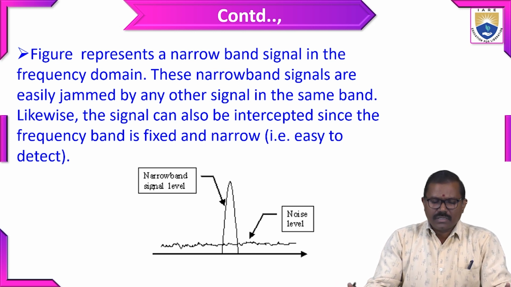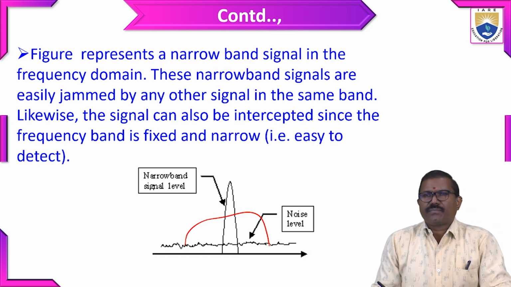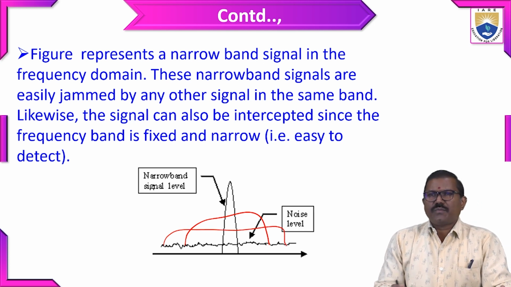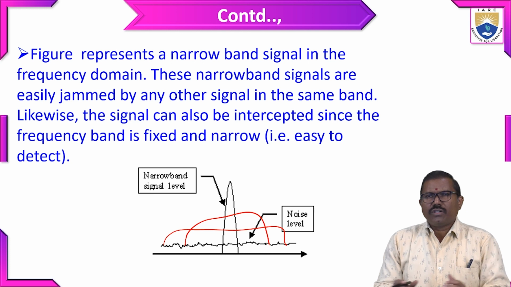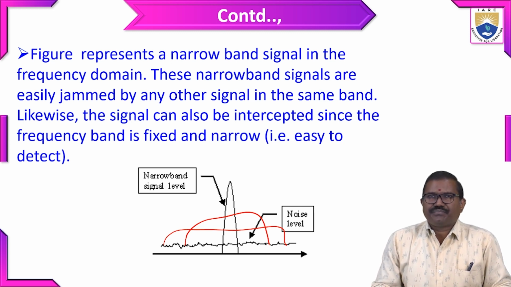Narrowband means the band of the signal is very narrow. So our aim is to spread it like this. I'm going to spread my signal into a wide spectrum, a wide range. So I'm spreading the spectrum, and that is spread spectrum.